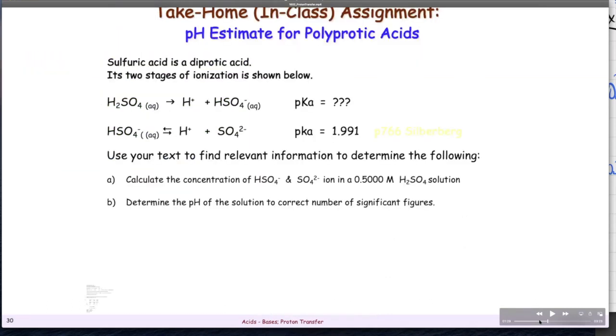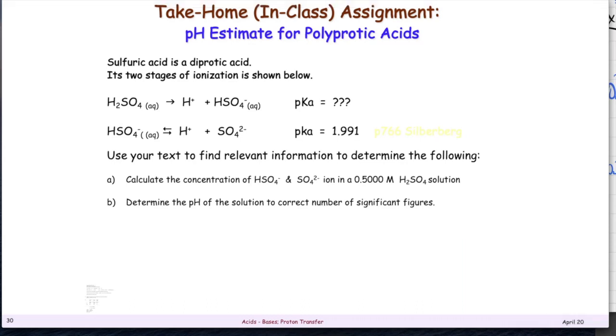Pay attention to this, because the Ka for this is not small. This is sulfuric acid. It's a strong acid. The second hydrogen that comes off is weaker, but the pKa is 1.99. That means the Ka is approximately 1 times 10 to the minus 2.